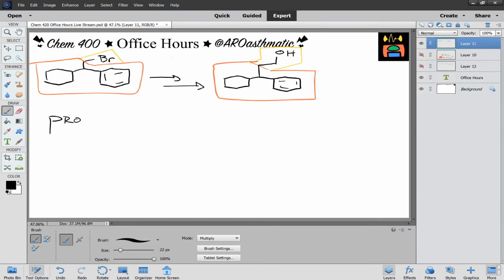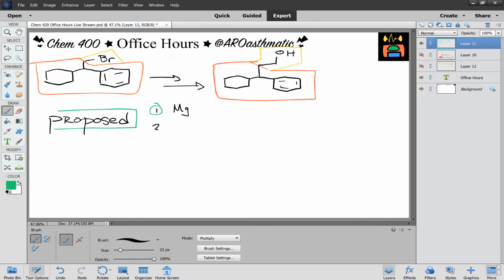The first one is treating with magnesium.